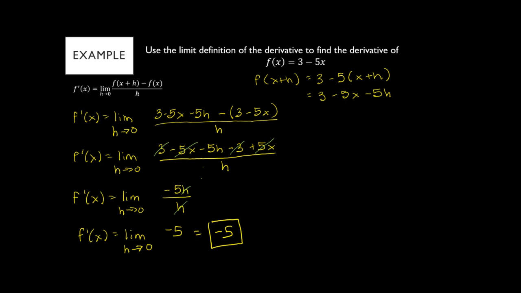So it does what it's supposed to, because we know that the average rate of change on a line is constant. It's going to be that slope. And so when you find the derivative of a line, it is the slope. And so understanding that, anytime you're given a function that's a line, you know what the derivative is.